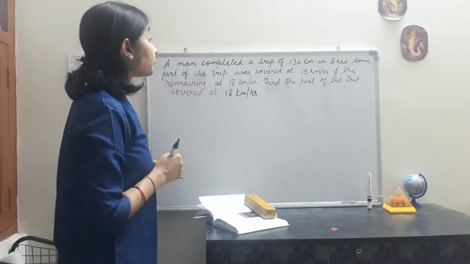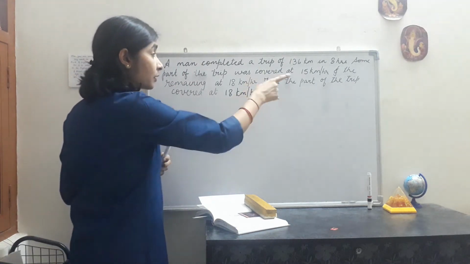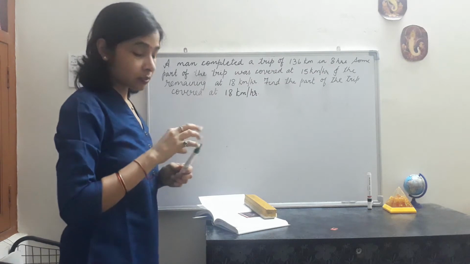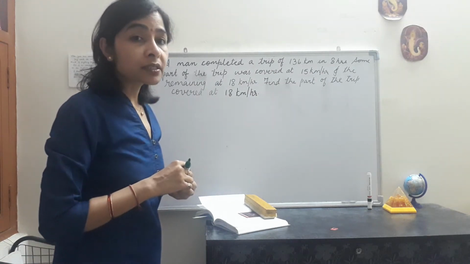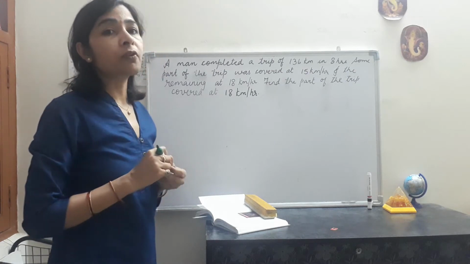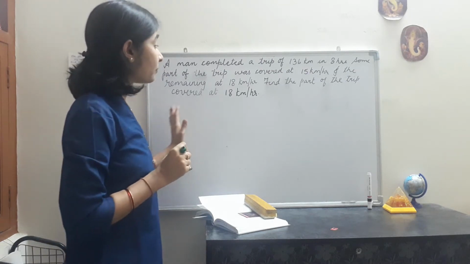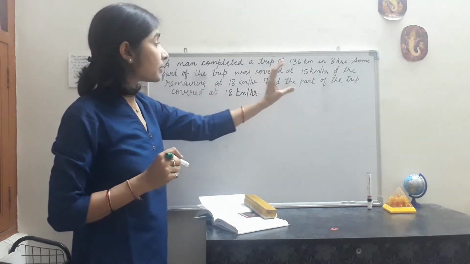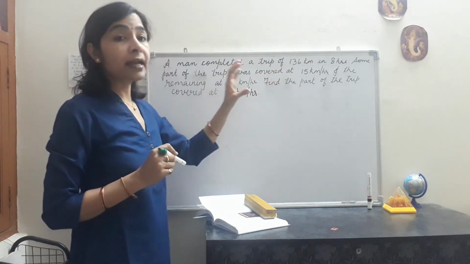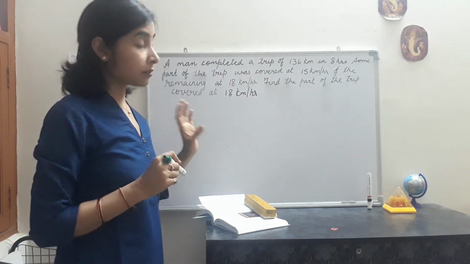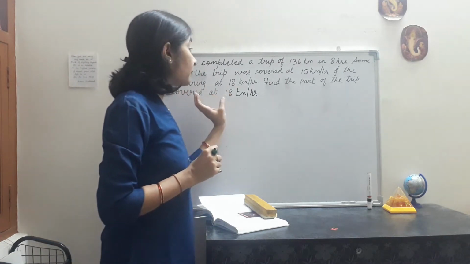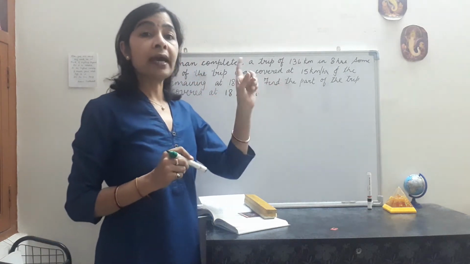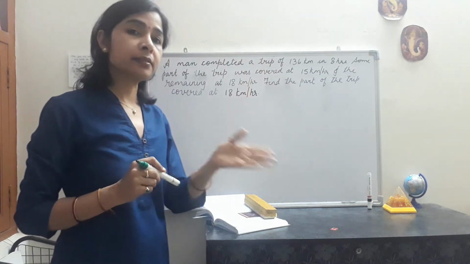Now, first of all, the total time is given to us and the total distance is given to us. So here somewhere we can use the formula of time, because the total time we can find. In the previous video I already told you that whatever is asked in the question, we should take as x and then start with the problem.